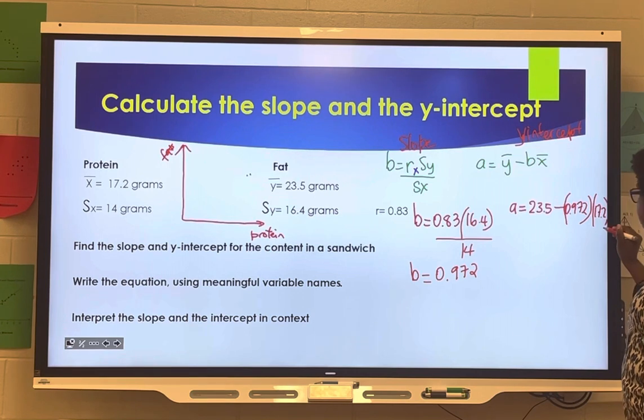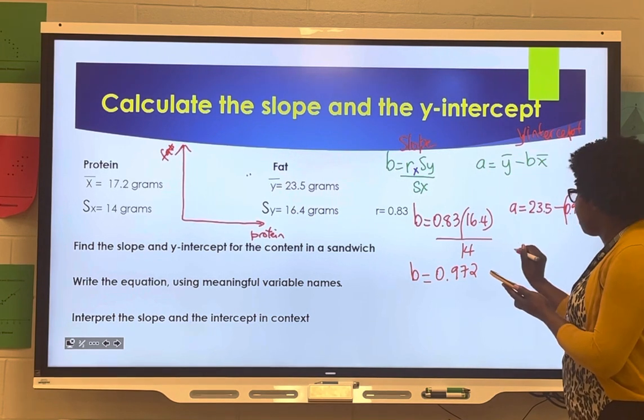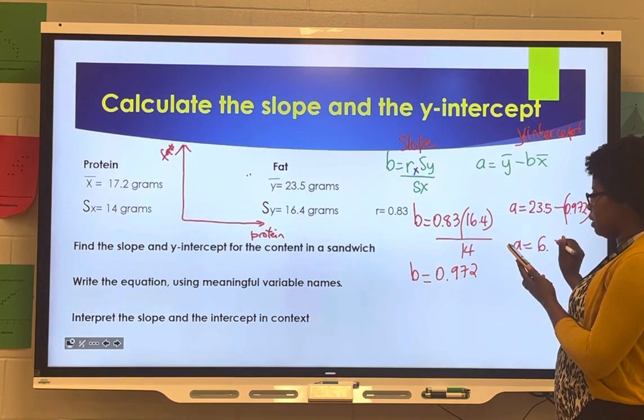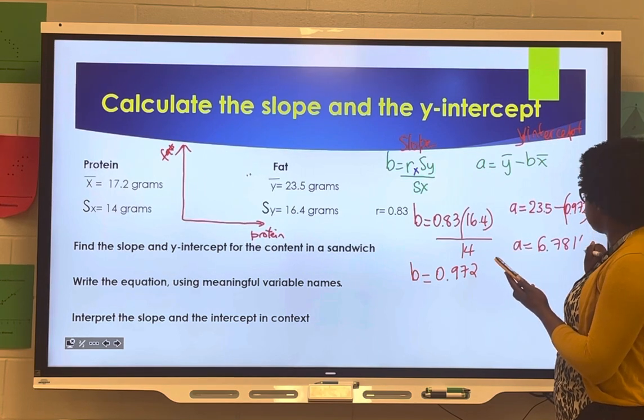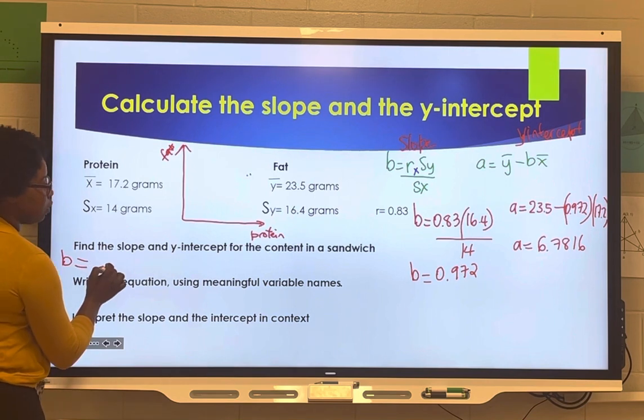Wow, it's a very small space, so we can put everything in our calculator at once. 23.5 minus 0.972 times 17.2, and that came out to be a is equal to 6.7816.